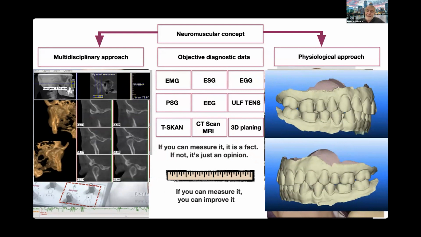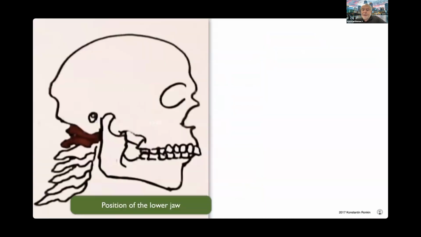So basically, we base our diagnostic procedure on objective data. And what is more important, it's not only measuring anatomical structures, like joint indexes and position of the joint in the cranium. We measure physiology, and this is a huge difference between what the neuromuscular concept can offer compared to other technology. So this is what neuromuscular concept means.